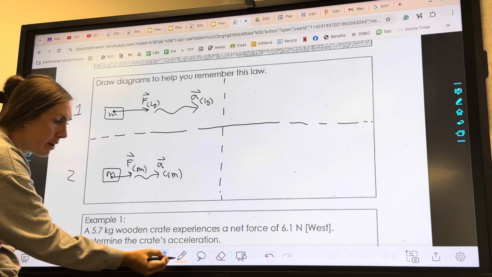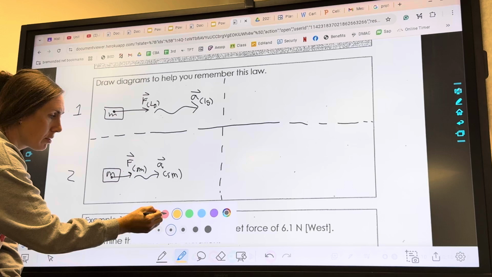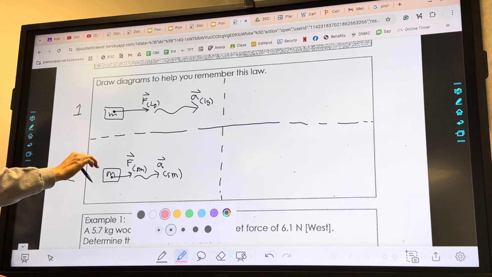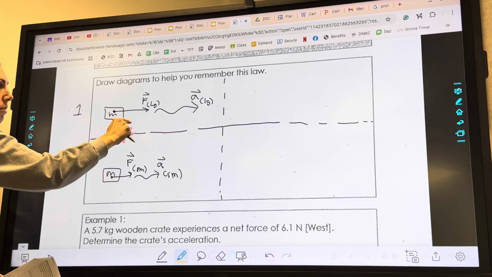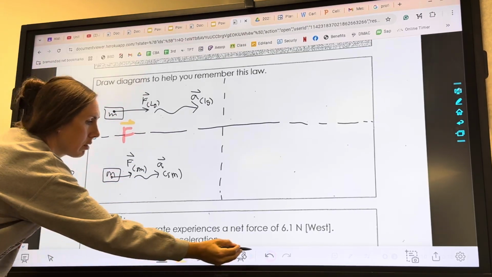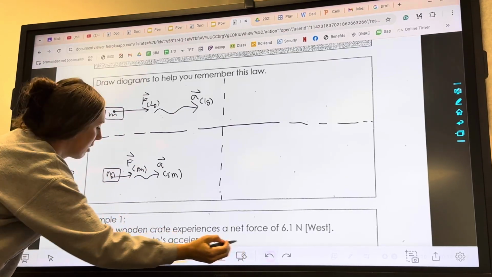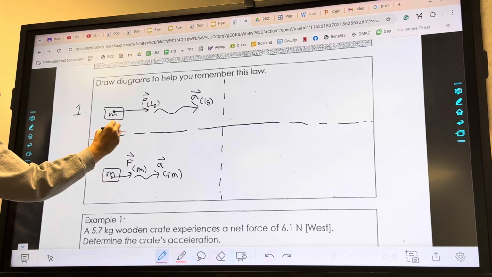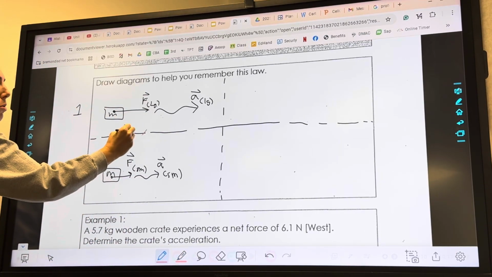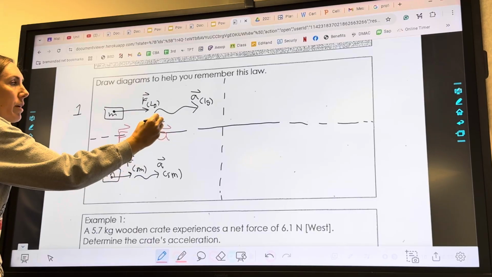Ready? I'm going to do that in a different color to summarize it. So this is showing that force is proportional to acceleration.